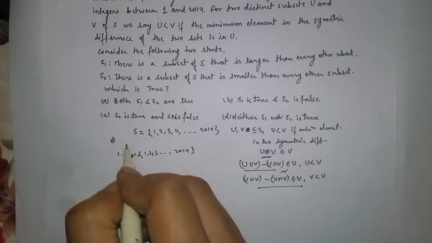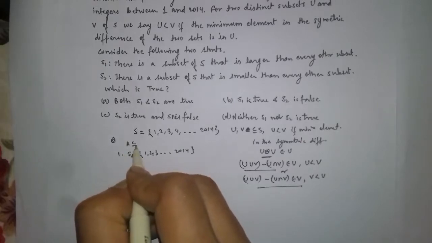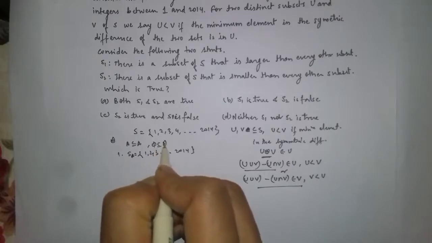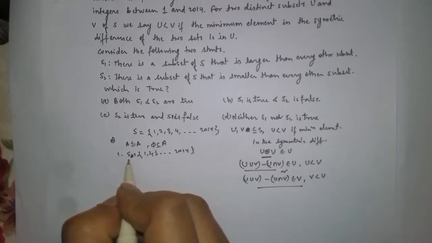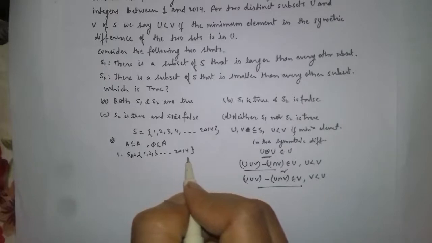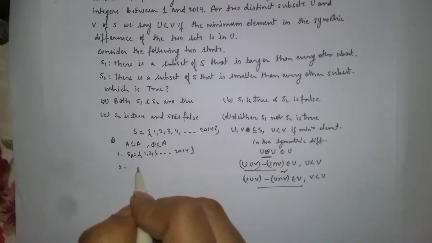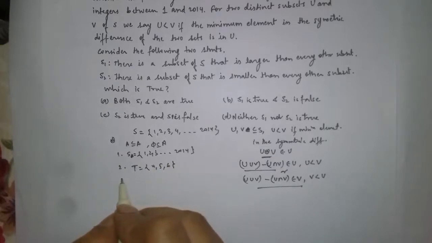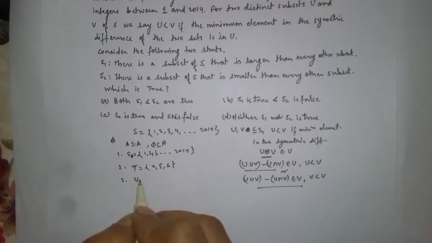Since every set is a subset of itself and phi is also a subset of every set. The second set I am taking is T equal to, let's say, 4, 5, 6. The third set I am taking, say, U is equal to the empty set.